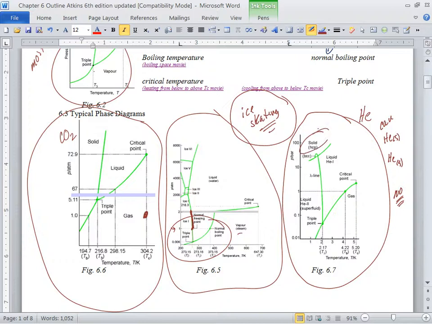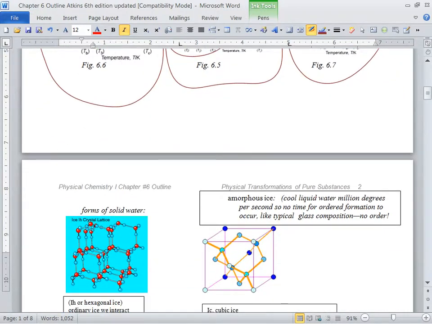Solid's way up here, gas phase is way down here, and then they call this a lambda line. So nowhere is there a phase boundary, like between solid and gas. So you can't have sublimation. You always have to go through that liquid phase for helium. They call it a lambda line type of activity there.